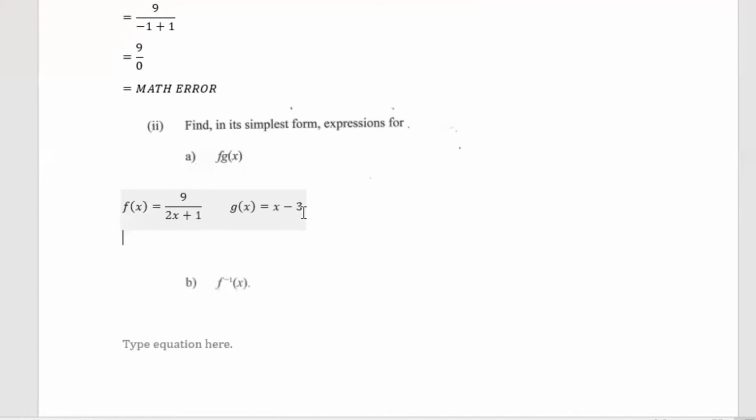So what that will look like is f of x is equal to 9, and that is divided by 2 then g, and wherever we see x, we're going to replace it with g of x, and then plus 1.